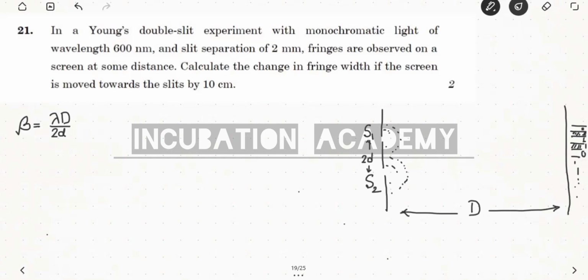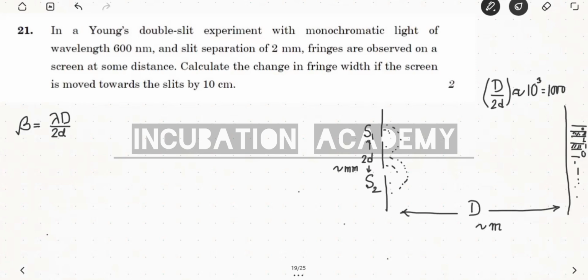Now understand that the slit separation 2d is of the order of millimeter, but D, the separation between the slit and the screen, is of the order of meter. So the ratio D divided by 2d is of the order of 10 to the power 3, or 1000. This condition needs to be maintained.